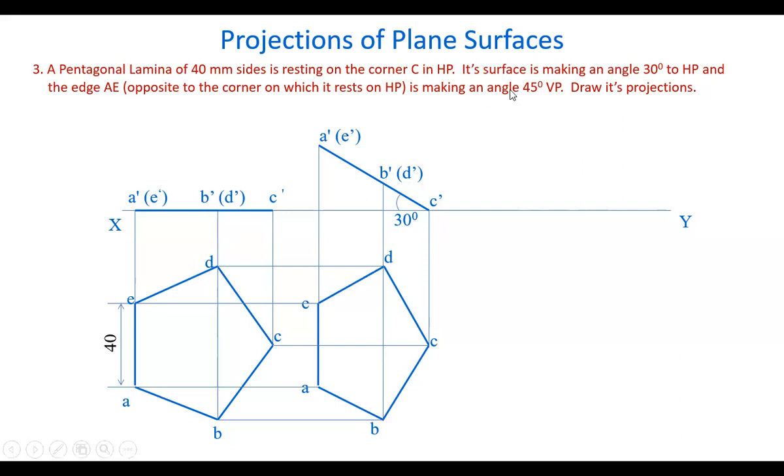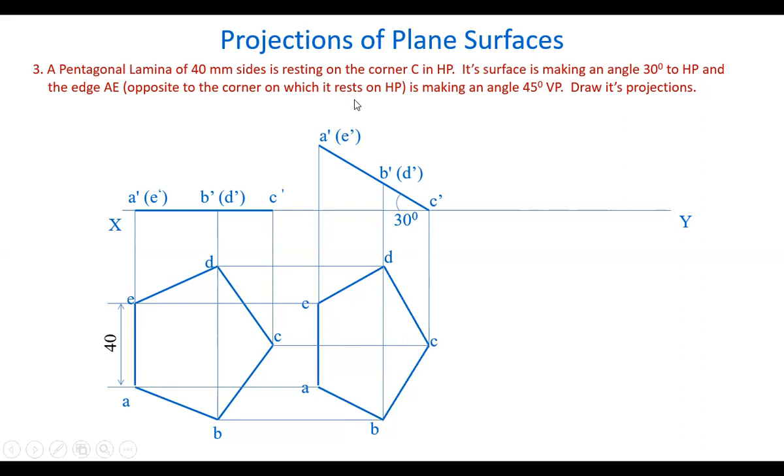Now, here you will see the edge AE. The edge AE is parallel to HP here, because in the front view it is seen as a single point. That means in the front view it appears like a point, and in the top view it is perpendicular to the reference line. So this edge AE is parallel to HP.